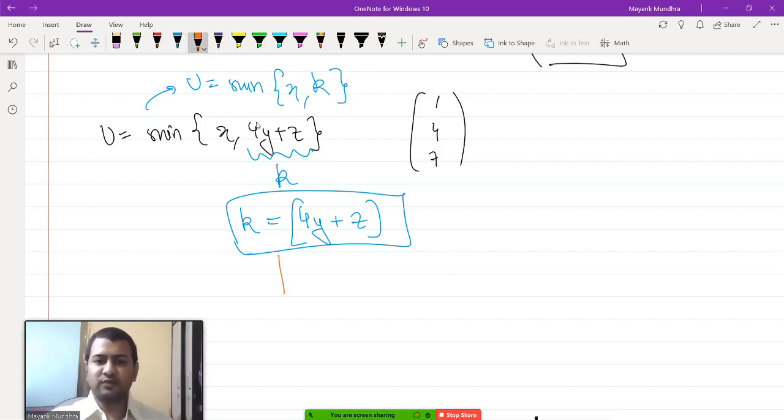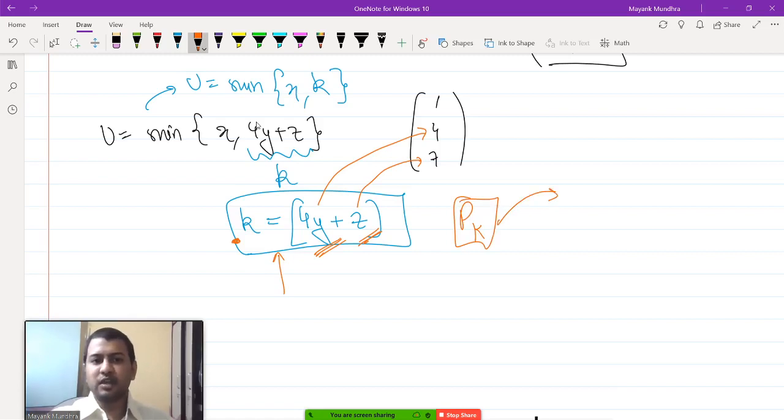Alright, now let's focus on K. Price of Y is 4 and price of Z is 7. In order to construct K, either I require 1 by 4 units of Y or I require 1 unit of Z. So what is the cheaper way to produce K?